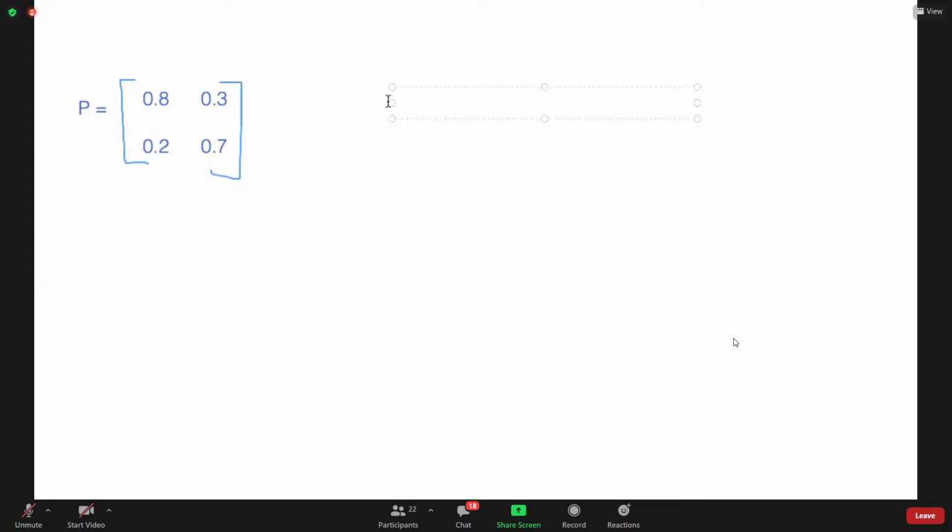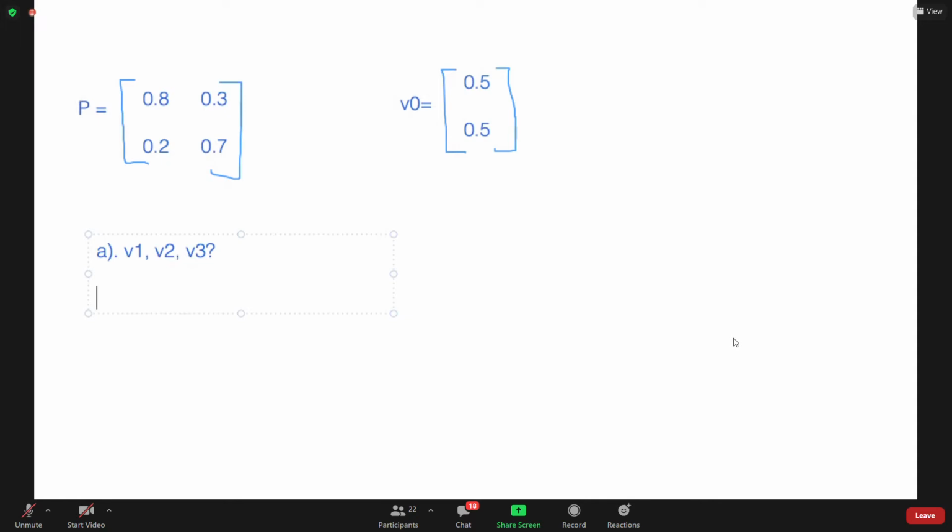And our vector V0, which will be equal to 0.5, 0.5. This is information that the exercise has given me, so I haven't done anything yet. In part A, I have to find V1, V2, and V3. How do I find them?